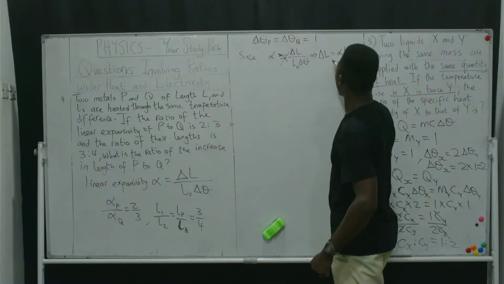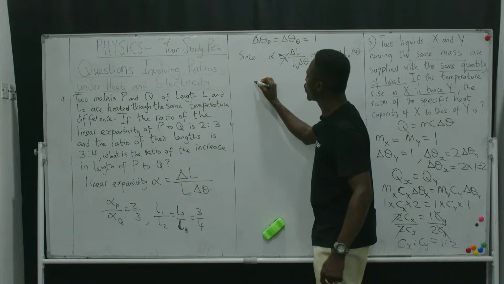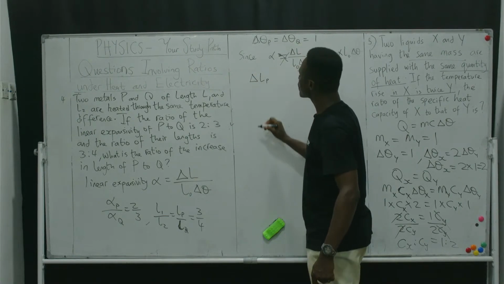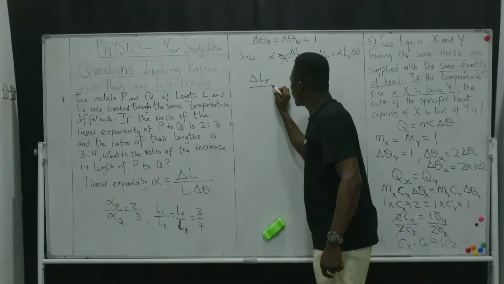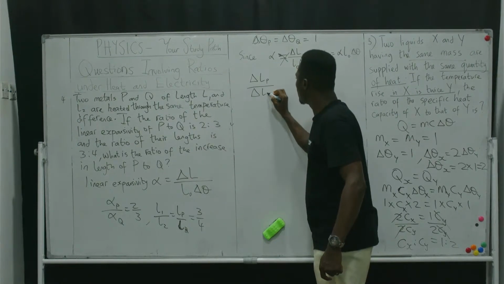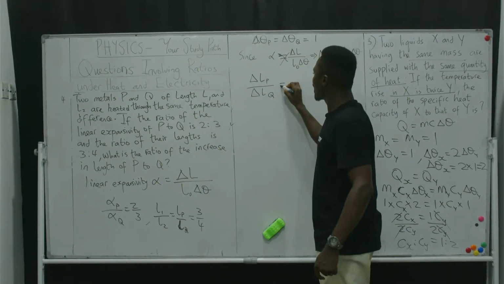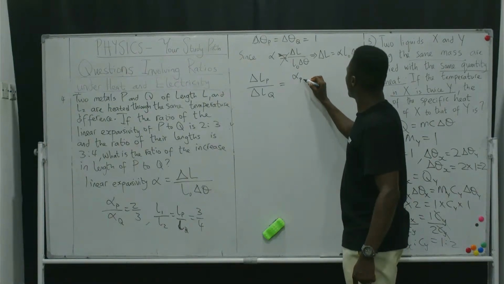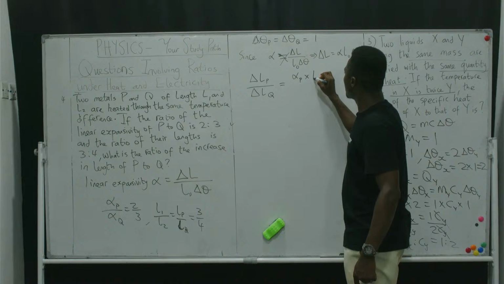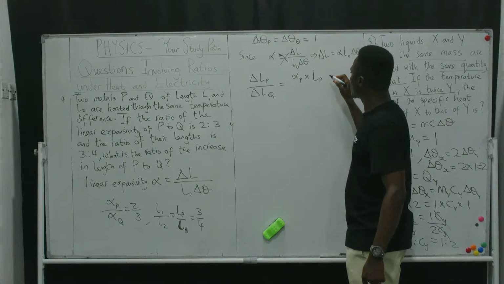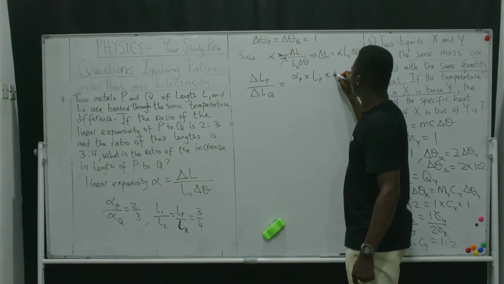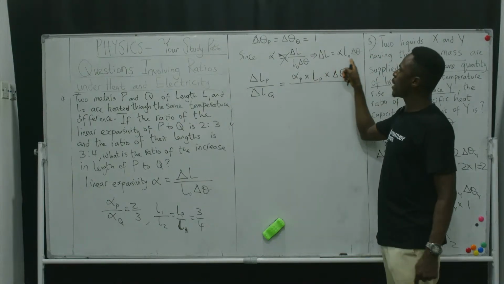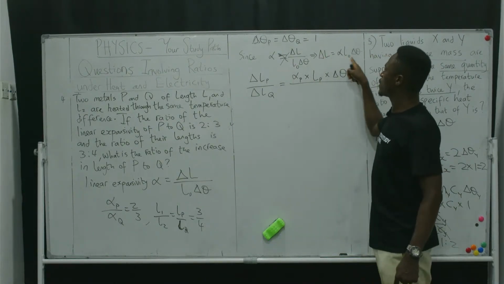The best bet is to pick this formula and say that I can always write the change in length for P dividing the change in length for Q. And I'll place it with respect to what I have here. Alpha of P multiplied by the original length of P, multiplied by change in temperature of P, all over the same thing for Q, because this is the formula for change in length.